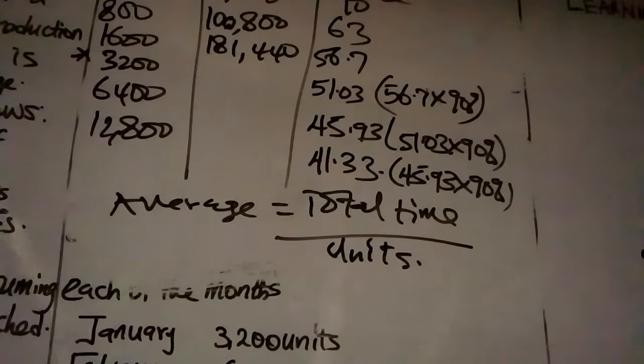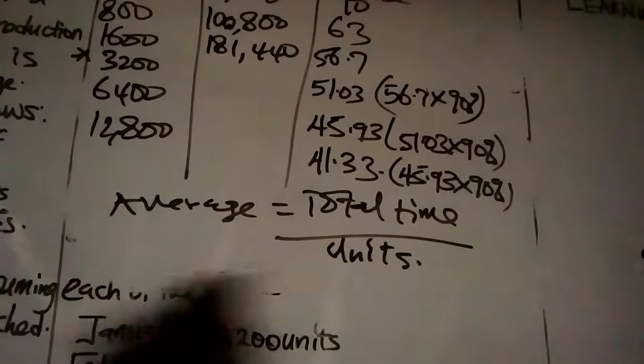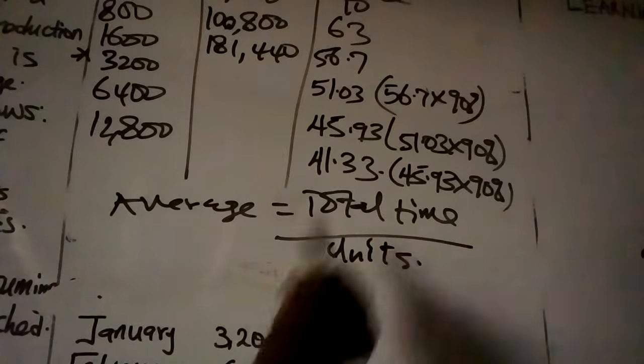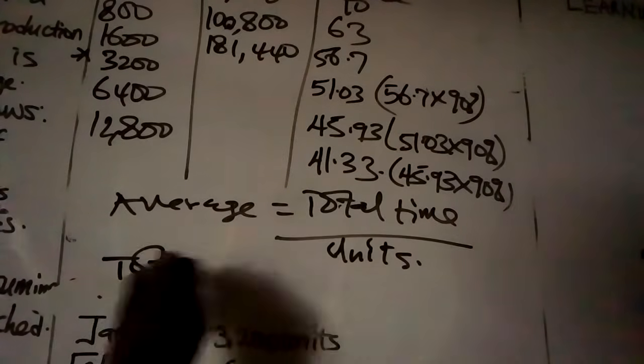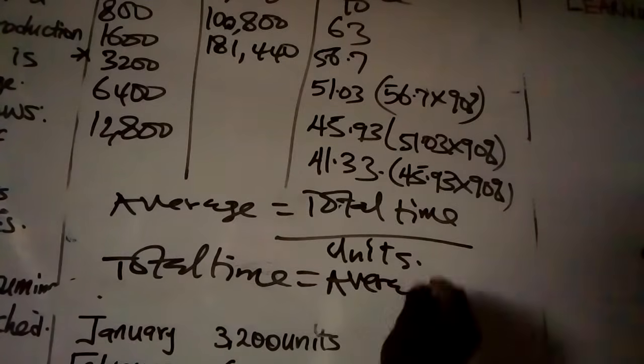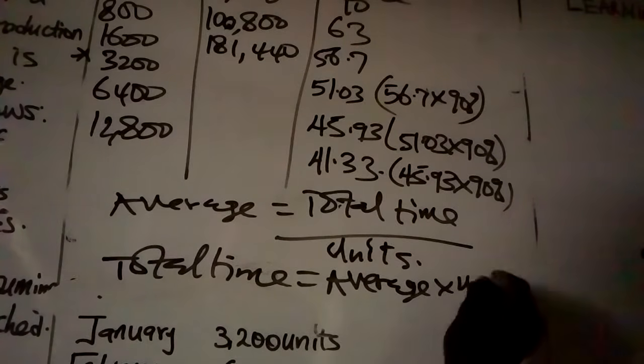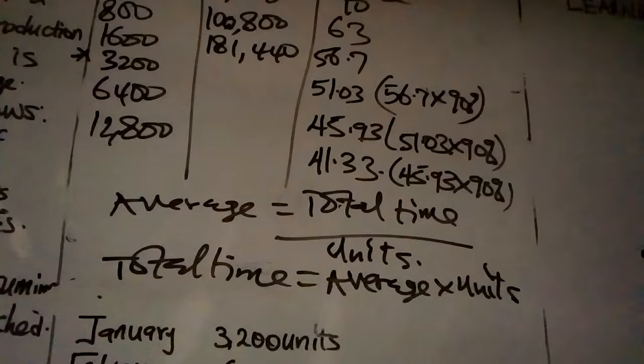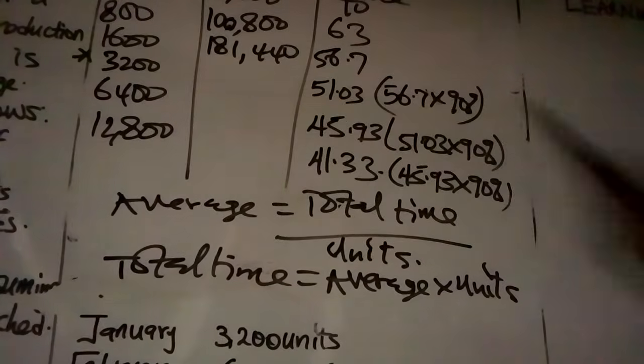That means to get the total time, you just cross multiply. Your total time will be the average time times units of output.